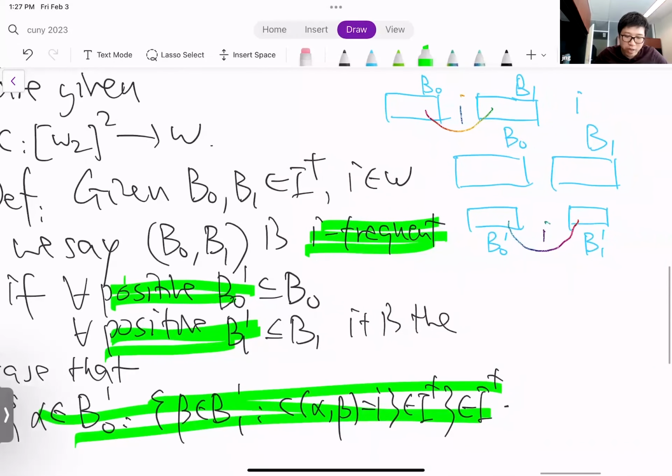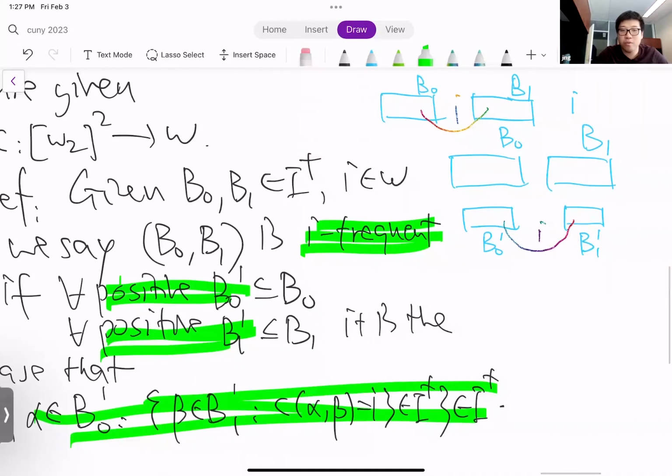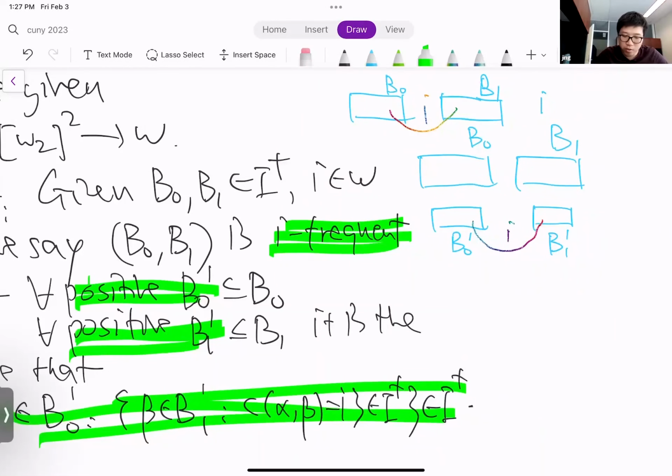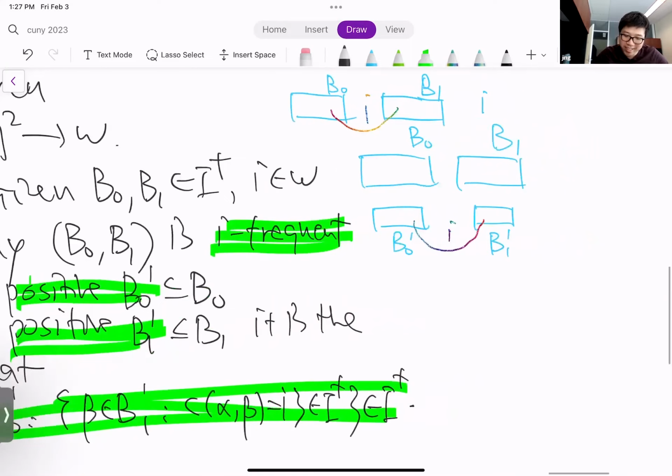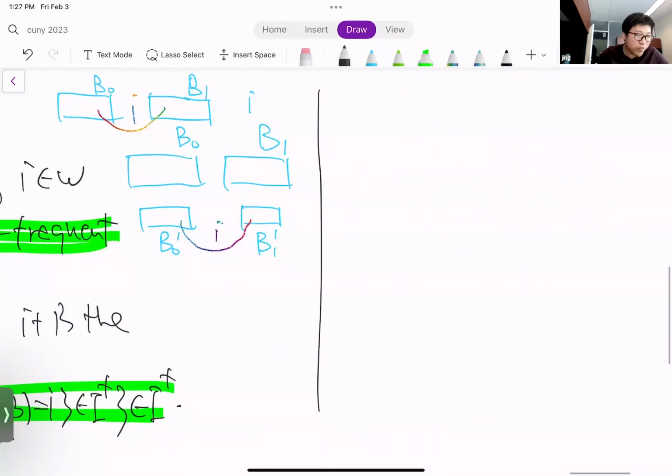So why do we want this definition? The point of having this definition is to find lots of positive sets that are I frequent. It's only natural, because if two positive sets are I frequent, that just means there are many edges with color I going between them. And if we're trying to build a monochromatic path, that's only a good thing. So we need to prove existence.